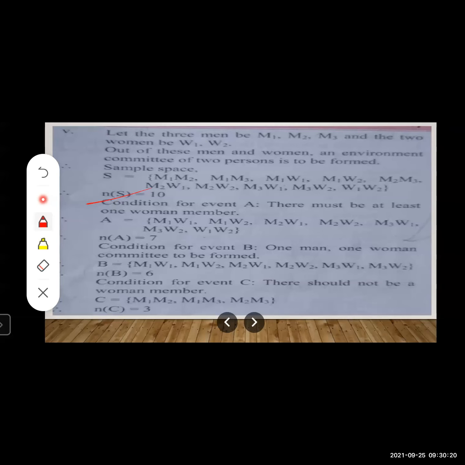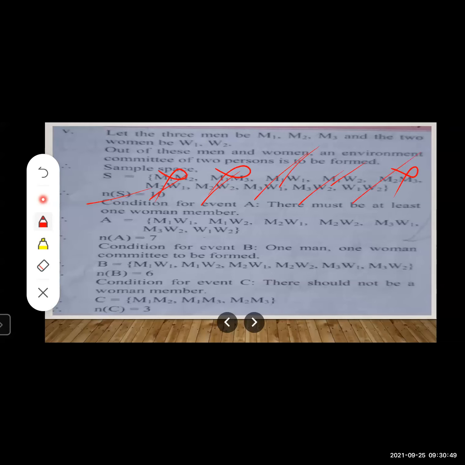So let us again move to the sample space and check which are our favorable outcomes. See here, both are men, so we are not taking this. Both are men here. Yes, here one man, one woman is there. At least one woman we want. Yes, here one woman is there. Here both are men. One woman is there, one woman is there, one woman is there, one woman is there, and at least one woman means if both the women are there, then also it is okay.